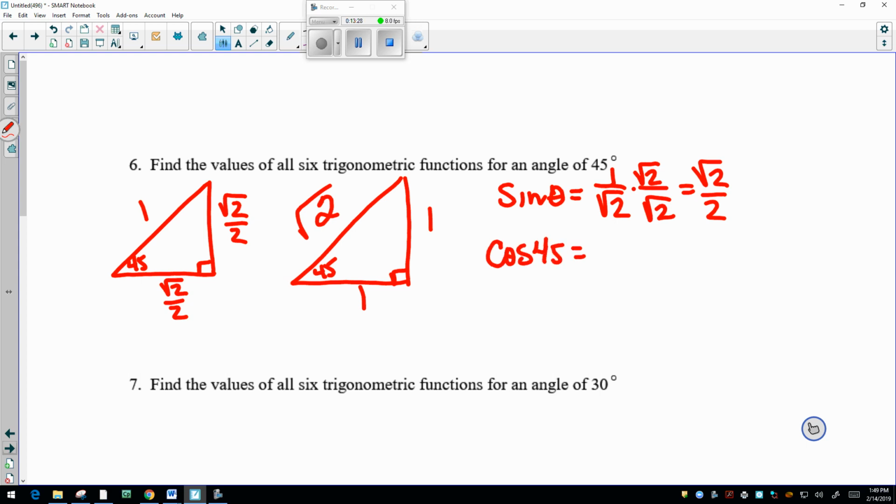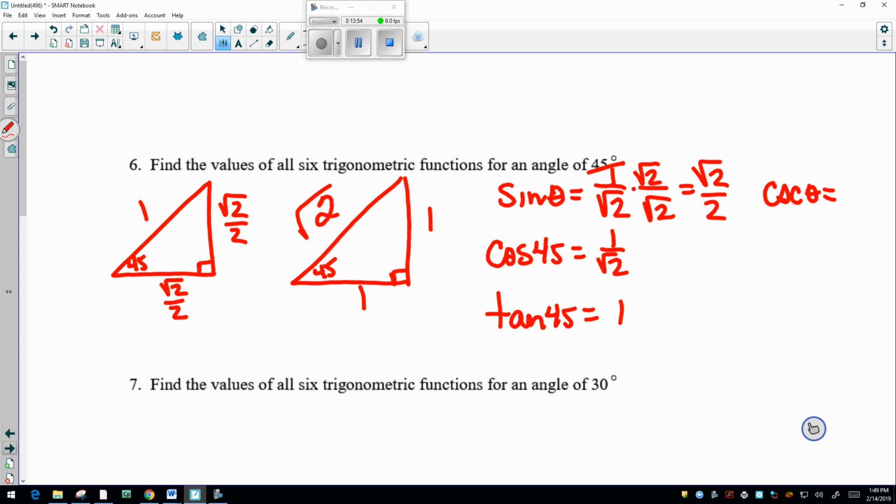Okay, cosine of 45. So cosine's adjacent over hypotenuse. So cosine, you get 1 over square root of 2. Tangent of 45 is opposite over adjacent, which would give me 1. And now the next three are our reciprocal functions. So our reciprocal function of sine is our cosecant.